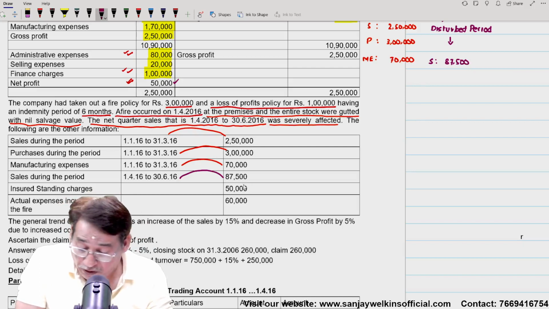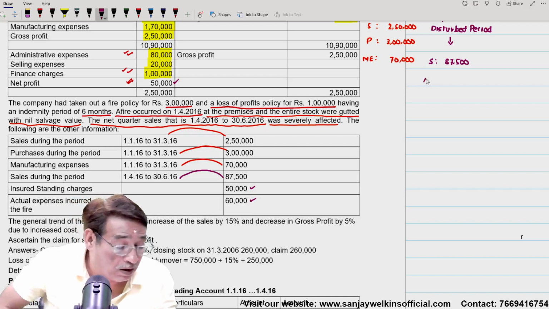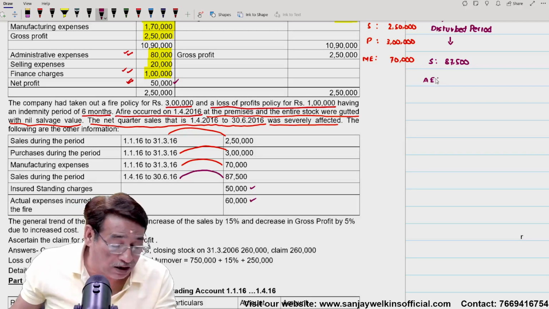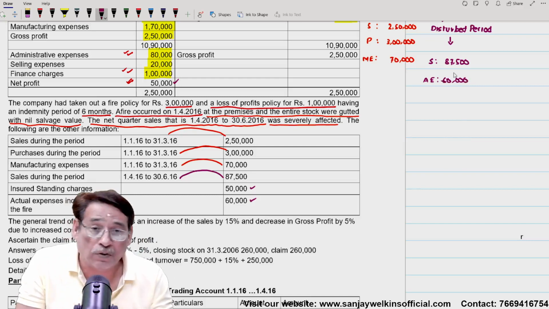Further, you are given insured standing charges 50,000 and actual expenses incurred after the fire amounted to rupees 60,000. Is it clear to you or not?